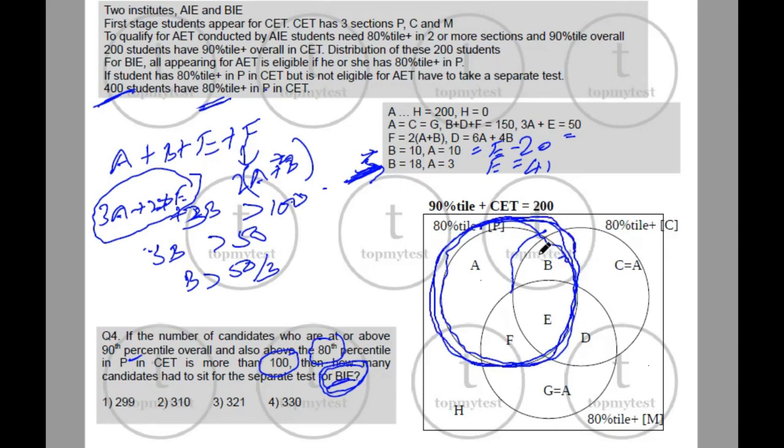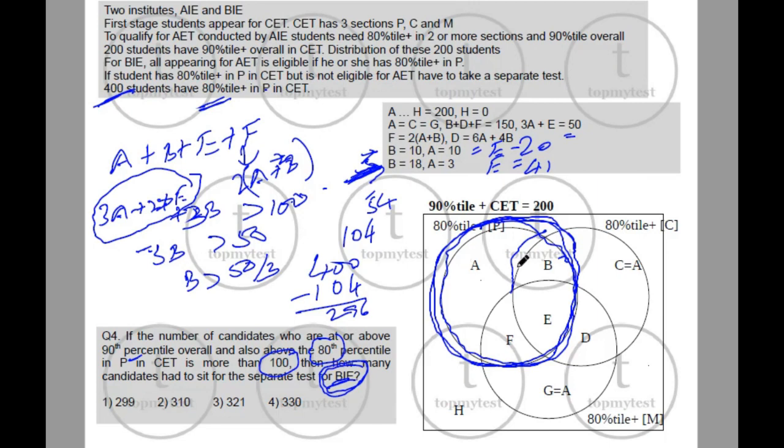So what is this total coming to now? 3B will be 54. So this total will be 100 plus 54, 104. Out of these 400, 104 have scored 90 percentile in CET. So you're left with 296 people.